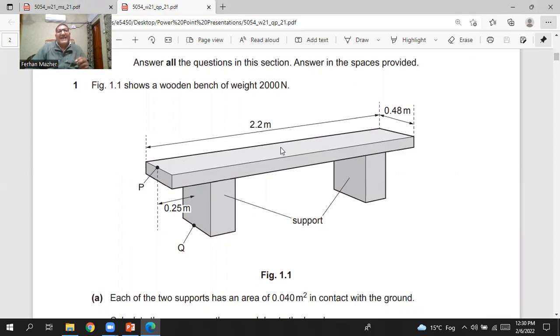So the center of mass is exactly in the center of this bench. The reason is very simple: lengthwise it is uniform, and widthwise also it is uniform, and it is completely horizontal. So that's why its center of mass will be in the exact center of this wooden bench. Let me show you my written answer.